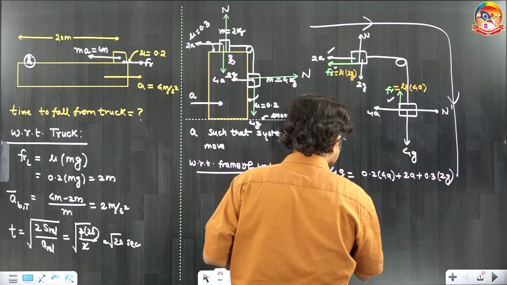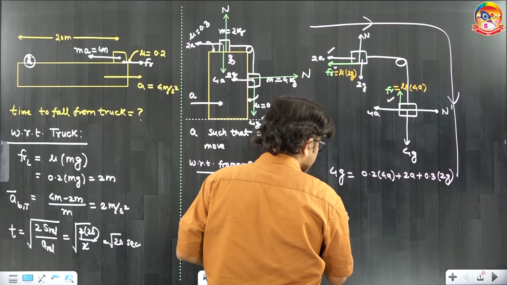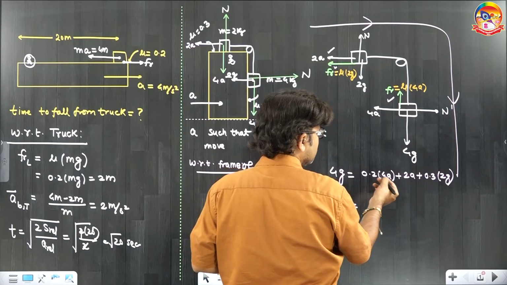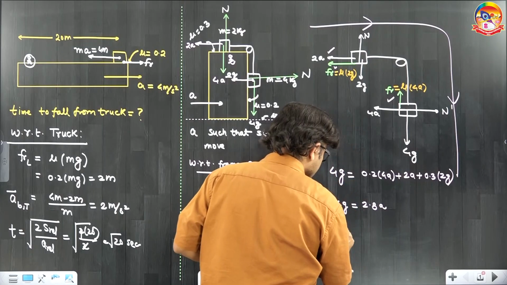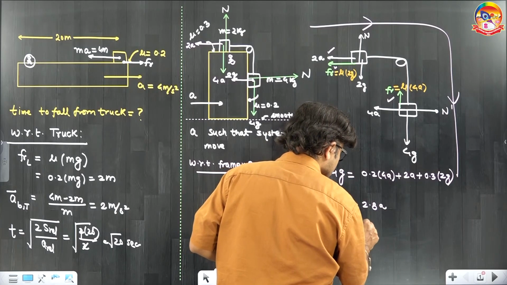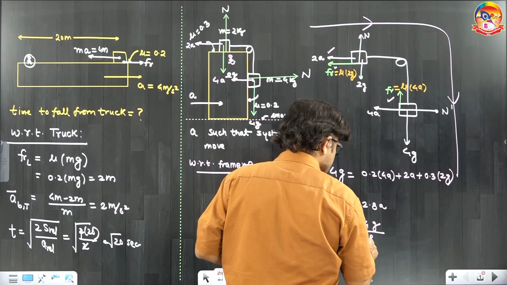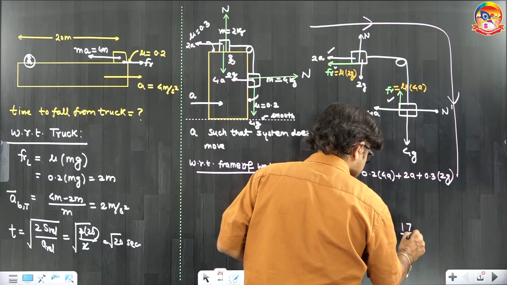So how much will it be, beta? 4g minus 0.6g. So 4 minus 0.6 is equal to 3.4g is equal to, this is how much? 0.8 plus 2, so 2.8a. What will be the acceleration? Acceleration is 34g divided by 28, which is actually 17 by 14 g.